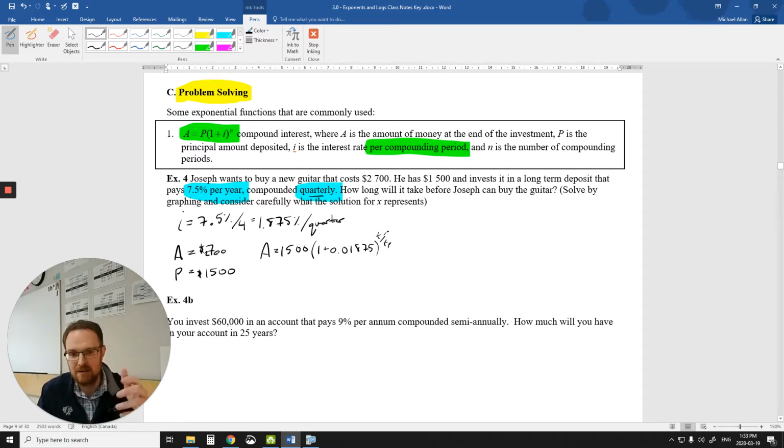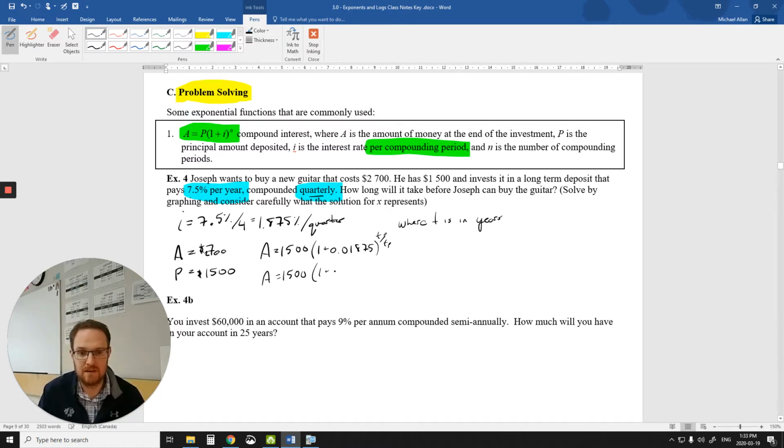Rather than half, you can think of it as compounding periods. Where t is in, let's say, years, my compounding period is quarterly. It happens every quarter, a quarter of a year. So that's very important to know.